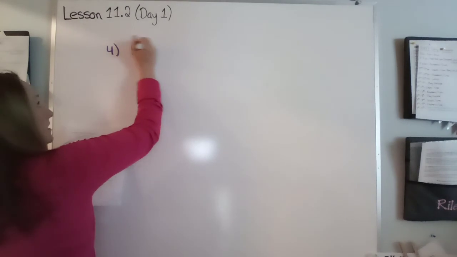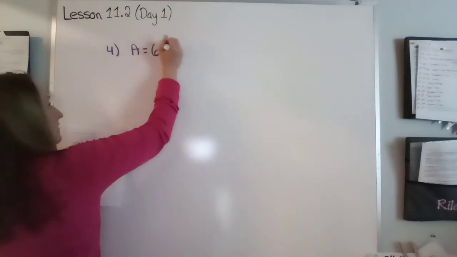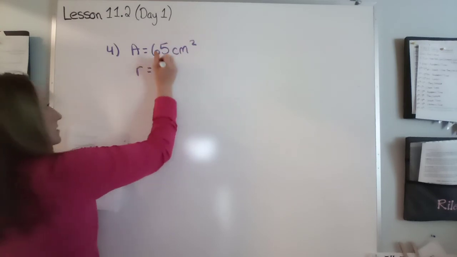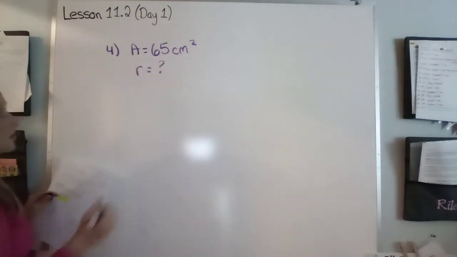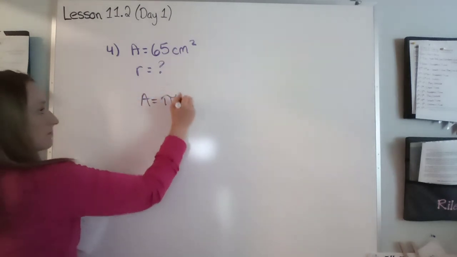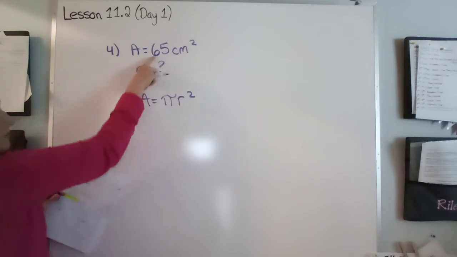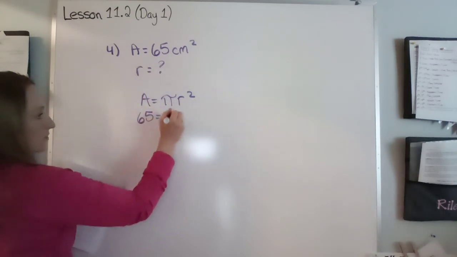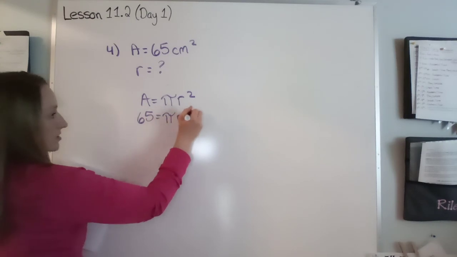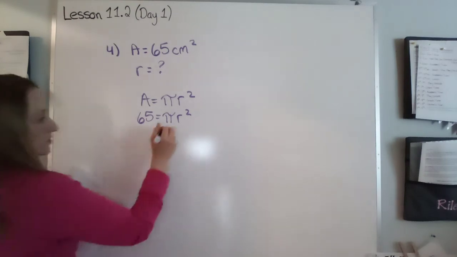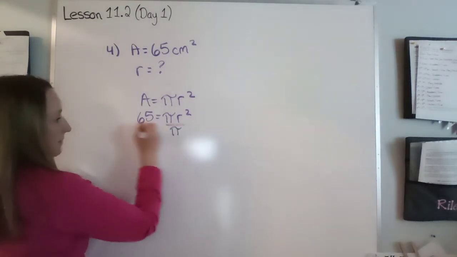So the area is equal to 65 centimeters squared is what we're told. We want to find the radius. So start with your area formula. Area equals pi r squared. I'm going to substitute the 65 in for the area. So 65 equals pi r squared. Isolate the r as much as possible. So start by dividing both sides by pi.